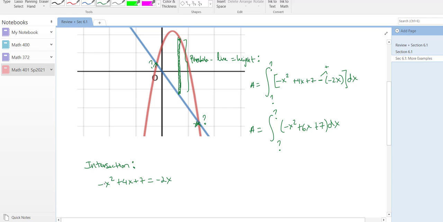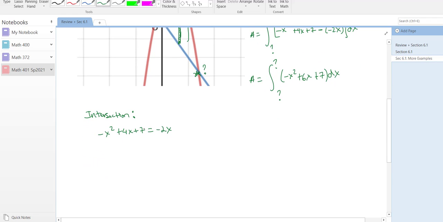I don't usually like to have negatives as my leading coefficients, so I'm going to move this entire side over to the right. So I have 0 equals positive x squared, then minus 4x minus 2x, so minus 6x, and then minus 7. I have a quadratic, and hopefully this factors.